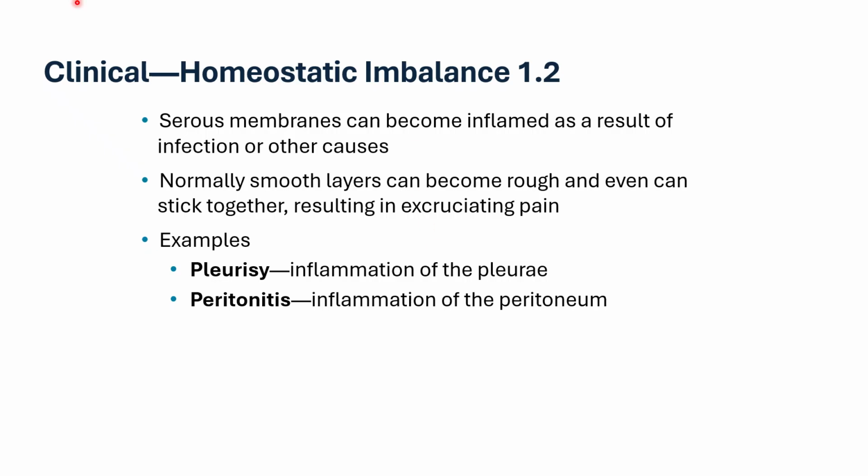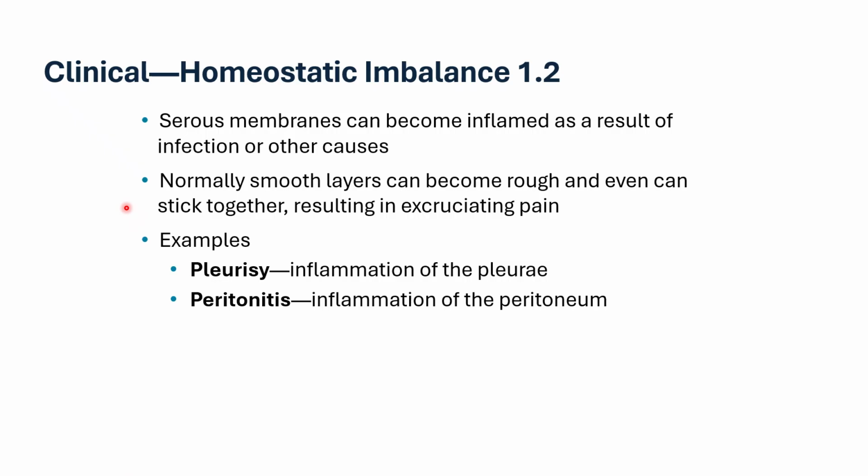All right, when there are problems with those membranes, we get homeostatic imbalance. So the serous membranes can become inflamed if they get infected or the person has some type of bacterial problem or a virus in there. So normally these smooth layers help with reducing friction.